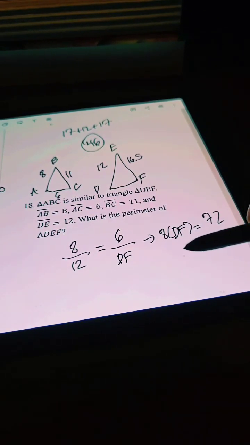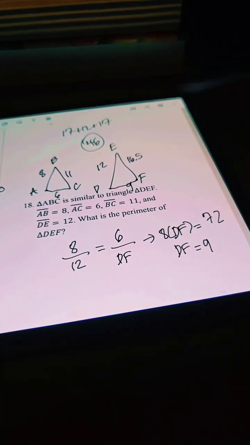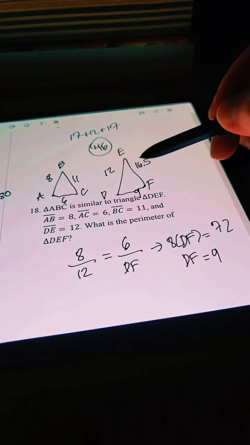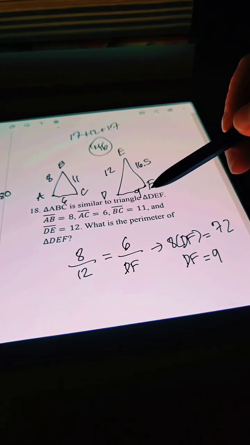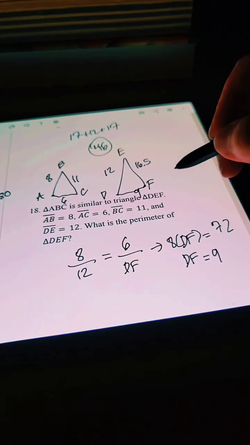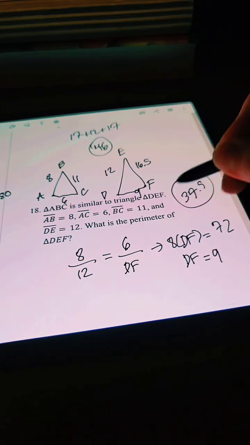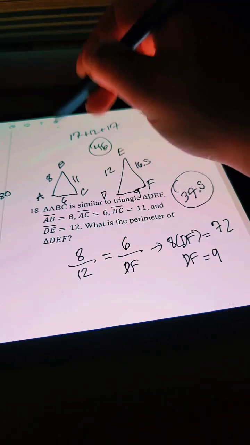And then we divide by 8 on each side to get DF by itself, and that's going to give us 9 for DF. So then to find the perimeter, I just have to add all these up. So that's going to be 28.5 plus 9, 37.5 is our perimeter. Ooh, that looks bad. That's supposed to be a 37.5. Just trust. Okay.